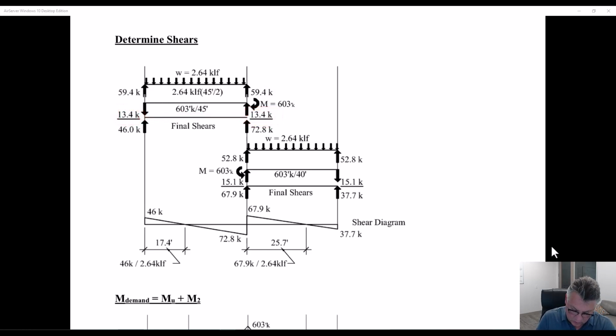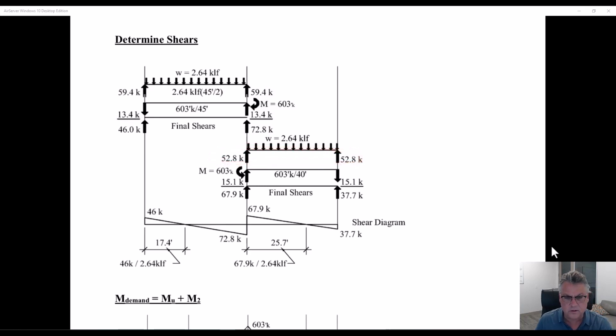It's just that these are going in different directions. So the moment reaction subtracts from the WL over 2 reaction, and it adds over here. Or the shear, I should say shear, not reaction. Do the same thing on this side.